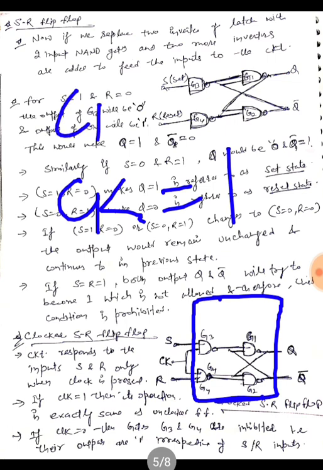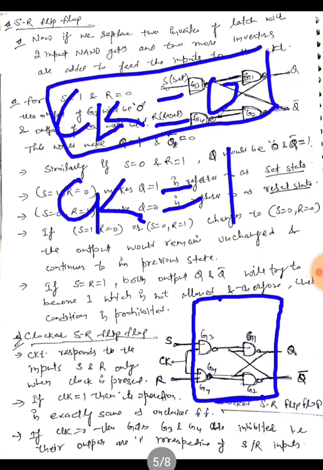If clock signal is 0, it will continue to be in the same state. That means we cannot change the state whatever the input we provide to the SR flip-flop.